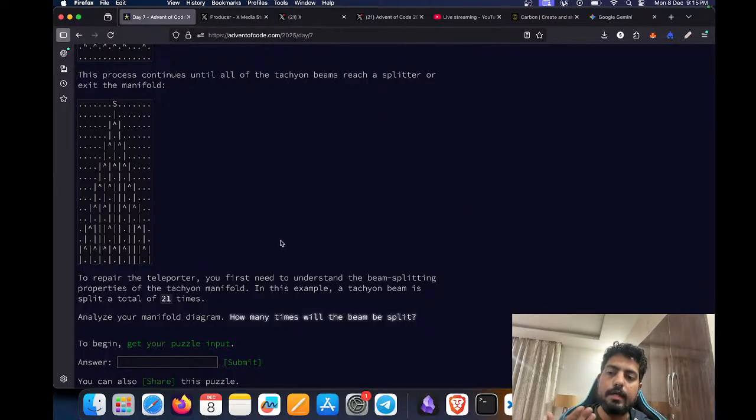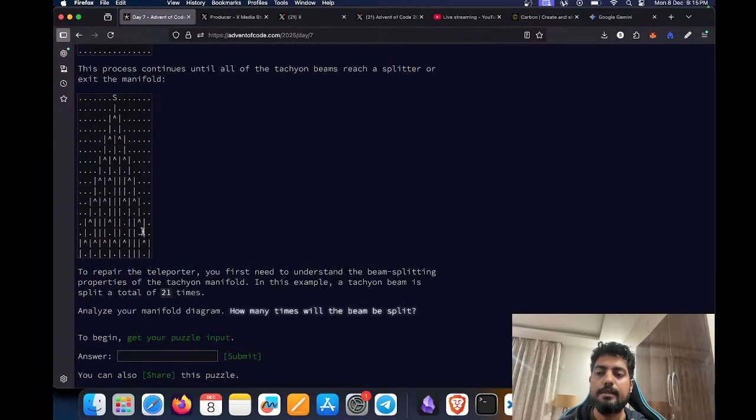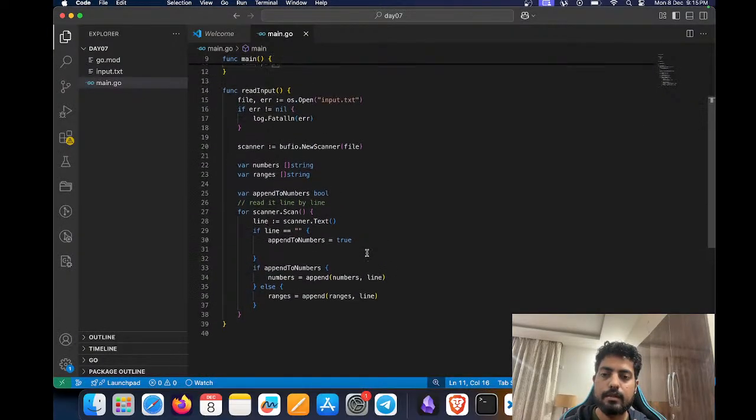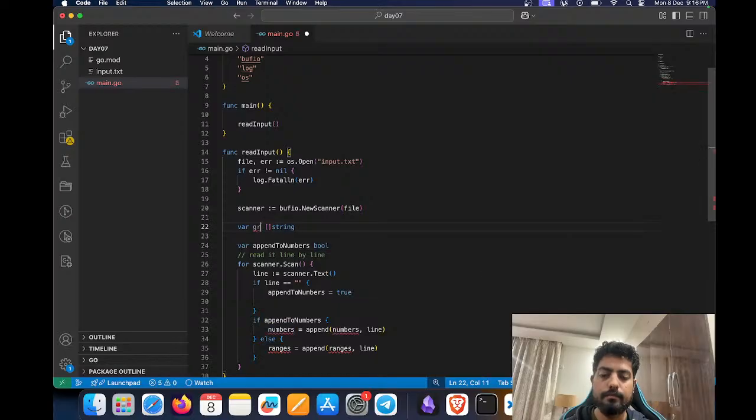And how do we do that? We just traverse this matrix, execute this thing step by step, and the number of times we see a splitter, that is the answer. So this is it. Basically, we need to return a grid.